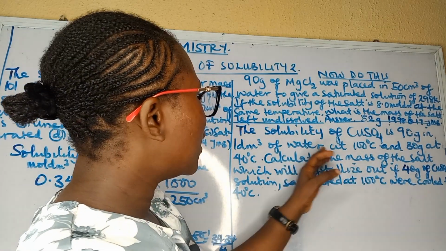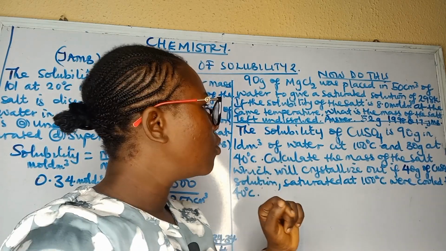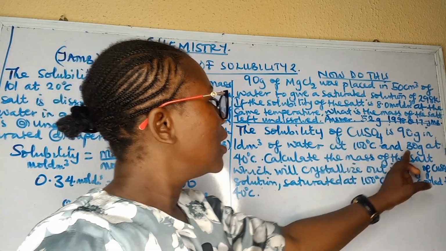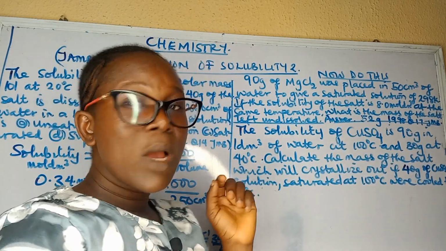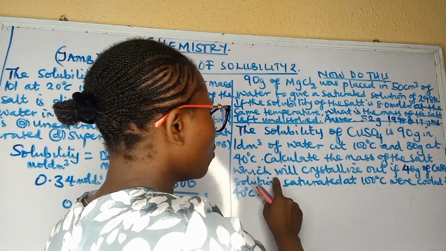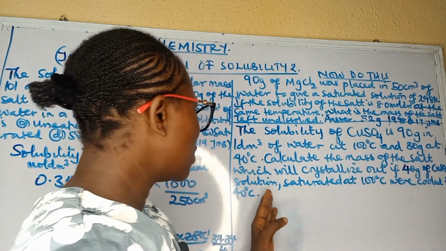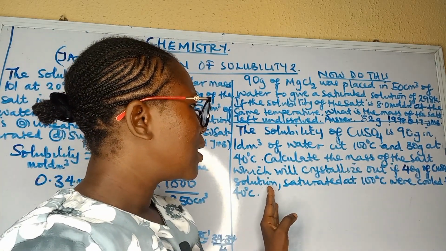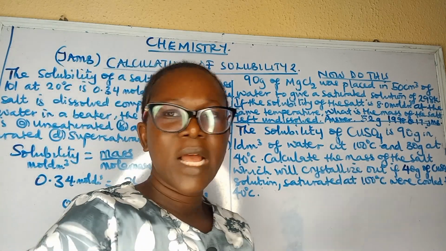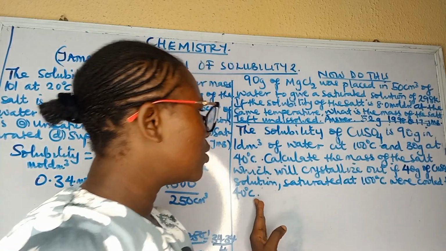So at 100 degrees Celsius, 90 grams dissolve in 1,000 cm cube, and at 40 degrees Celsius, 30 grams dissolved in 1,000 cm cube as well. So calculate the mass of the salt, which will crystallize out. If it is 40 grams of copper 2 tetrahydrosulfate 6, that is saturated at 100 degrees Celsius, and then is being cooled to 40 degrees Celsius.